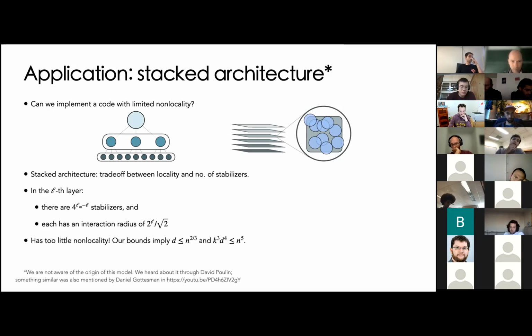And it's not clear what sorts of codes this stacked architecture will be able to implement, but it has too little non-locality to implement arbitrary LDPC codes.